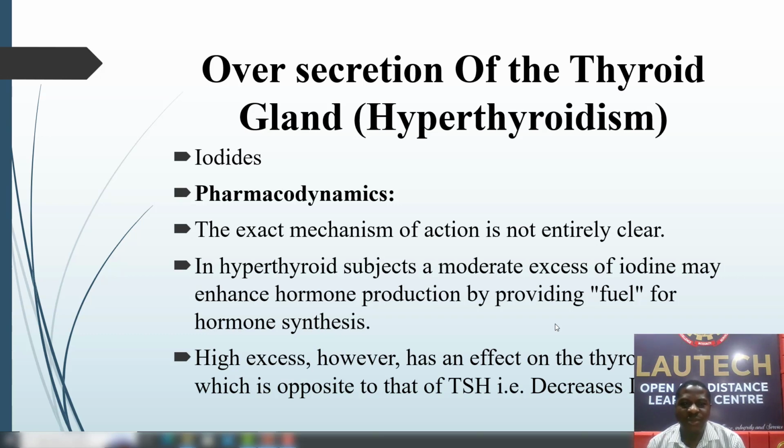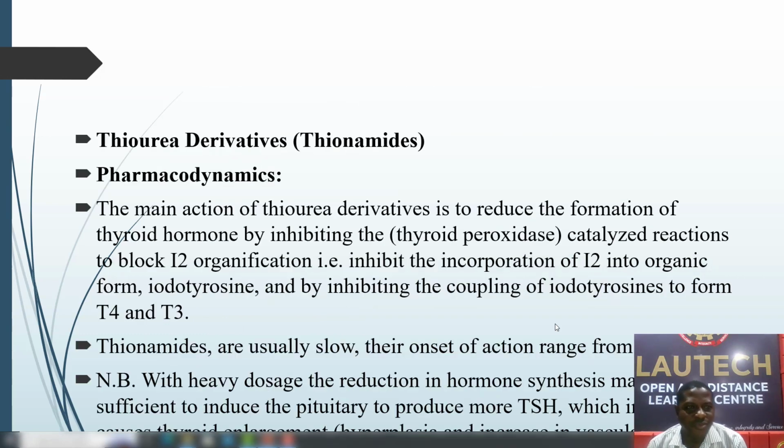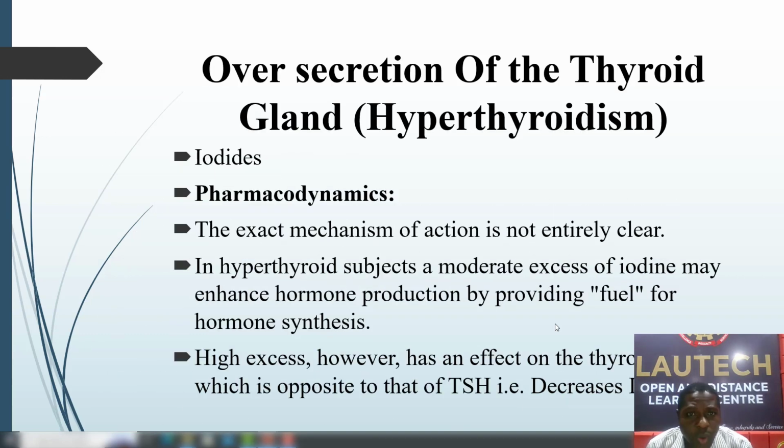So iodine is being used to fuel the hormone synthesis. That is why iodide is being used. High excess, however, has an effect on the thyroid gland which is opposite to that of thyroid stimulating hormone, that is, increased iodine trapping.